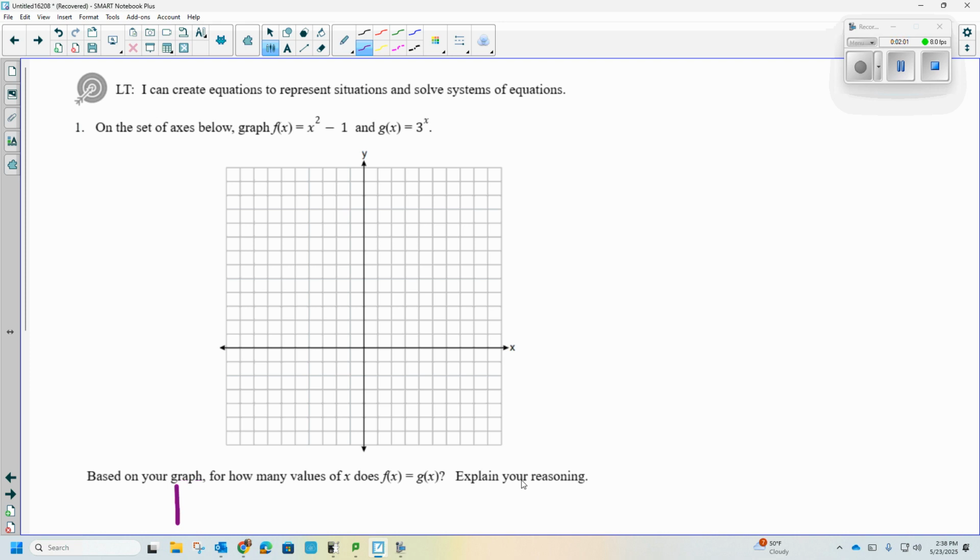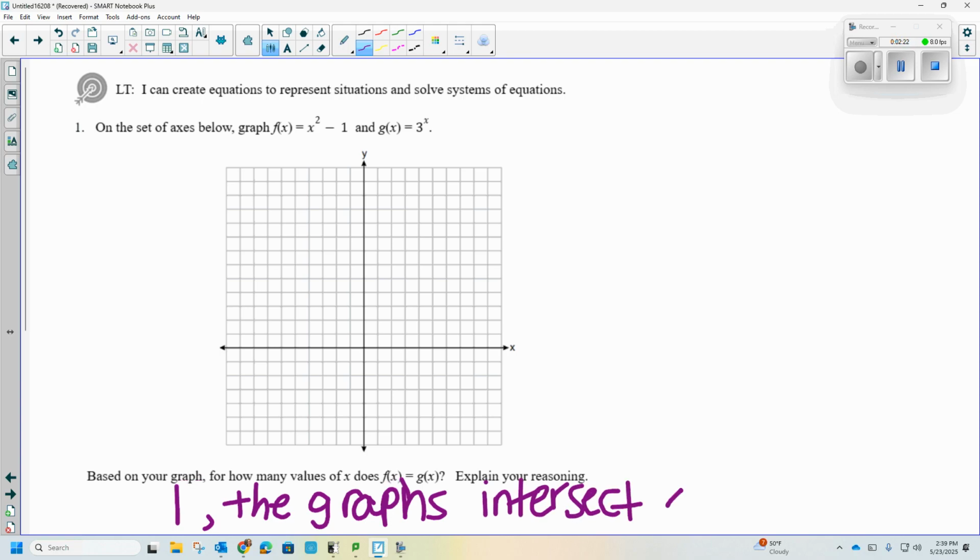If you explain it and you say that the graphs touch once, that's 2 points. You want to use the math vocabulary, you would say the graphs intersect once. Okay, and there you go. You already got 2 points.